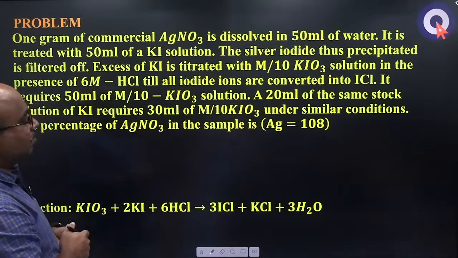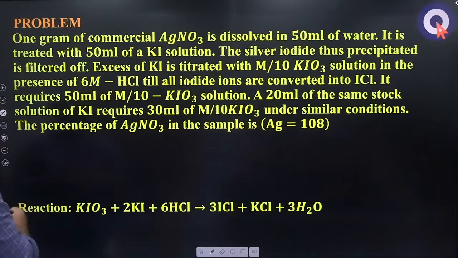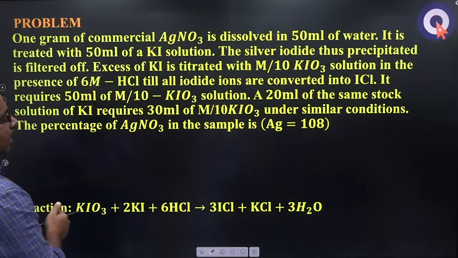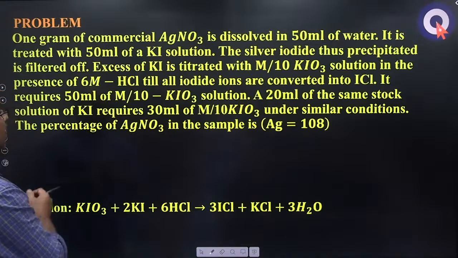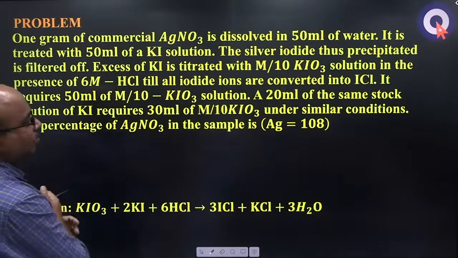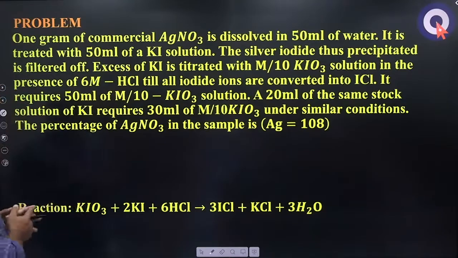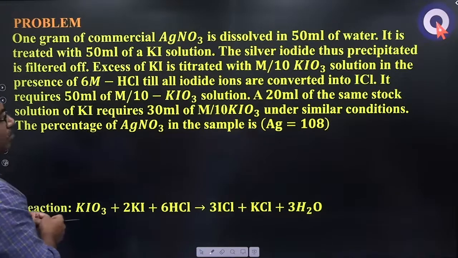Then the silver iodide thus precipitated is filtered off. We removed that. Then the excess of KI which was there is titrated with M/10 KIO3. So the KI and KIO3 reaction we have done. That is what we mentioned here: in an acidic condition in presence of HCl, till all the iodide ions, that is I minus ions, are converted into ICl.